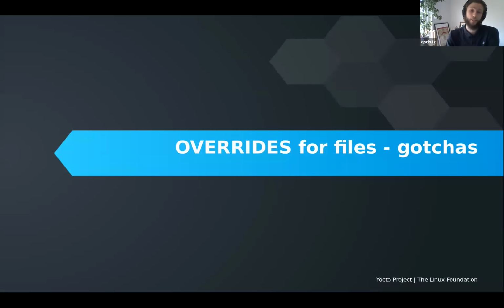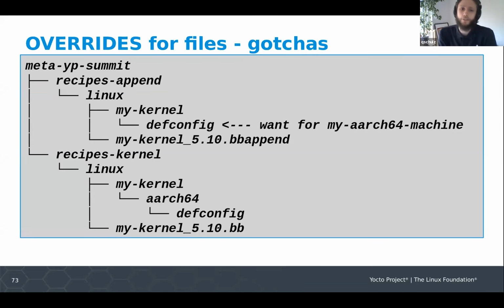But there are obviously some gotchas to this. And the first one is with the append, and that is something I hit very often. In the bbappend, you tell it to just override the defconfig with the FILESEXTRAPATHS prepend thingy that we talked about earlier. I have a machine and I want to override the defconfig for this machine, right?